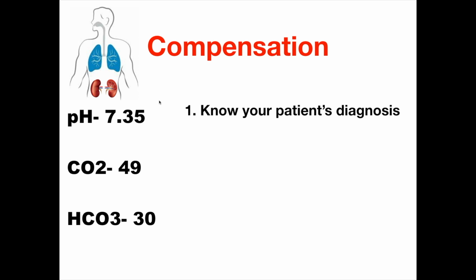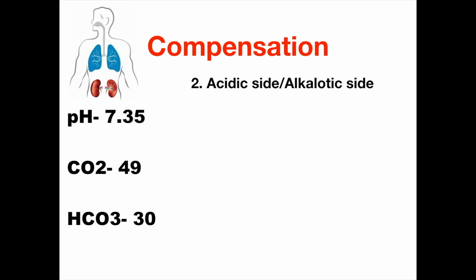However, if you're not given the patient's diagnosis or condition, and you're only given the pH, the CO2, and the bicarb, then I usually use what I call the acidic side, alkalotic side. We know that our normal pH is 7.35 to 7.45. The idea is that the lower our pH is, the more acidic our body is.